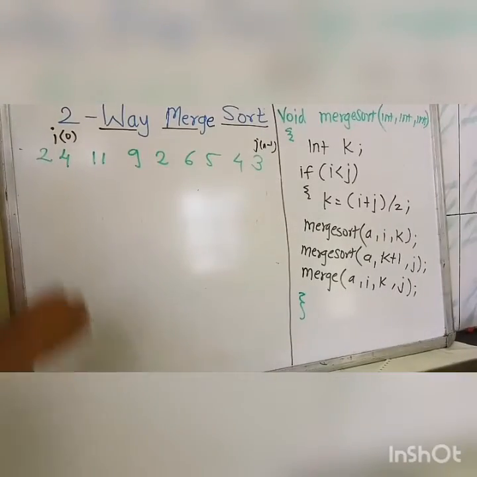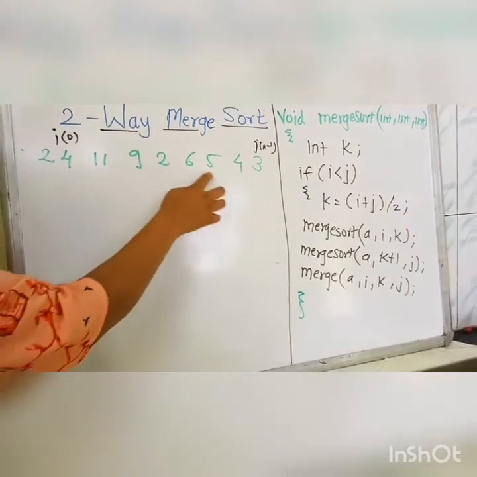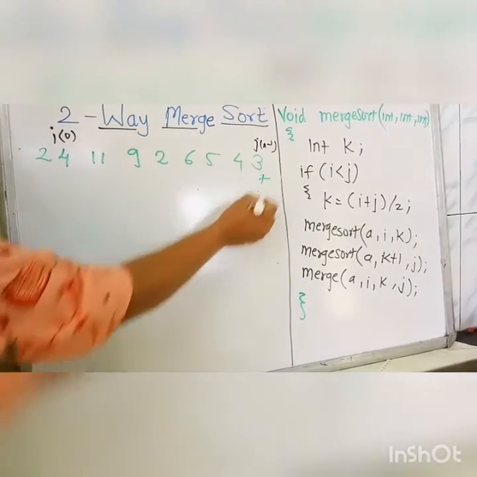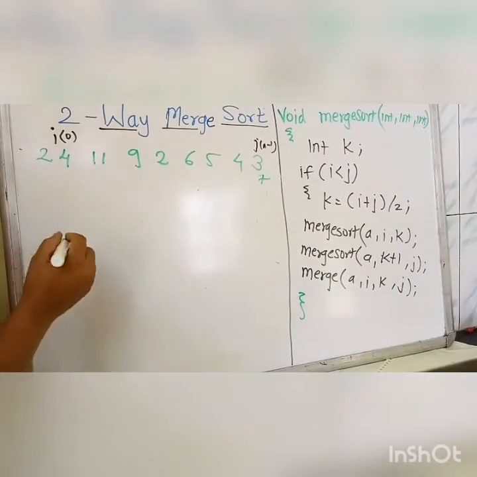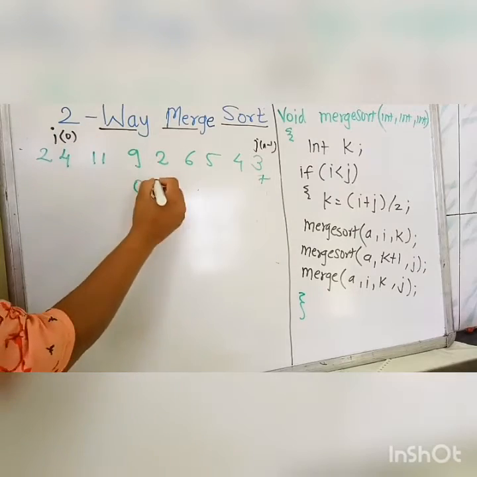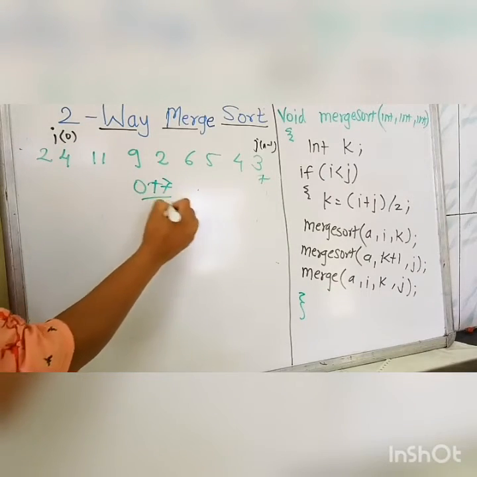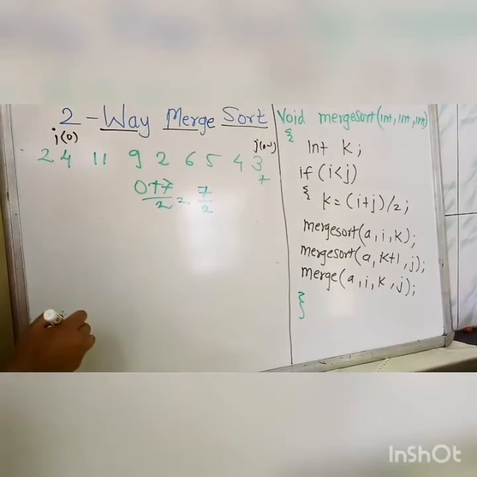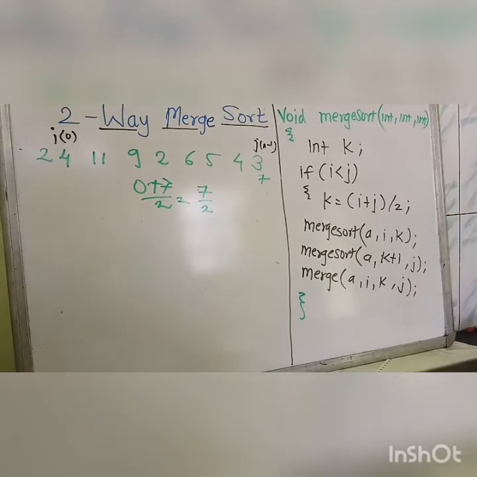Now consider, here it is the seventh element, means index is 7. Now we will take 0 plus 7 by 2. How will it calculate? It will take 7 by 2, means it will divide the array according to this division.